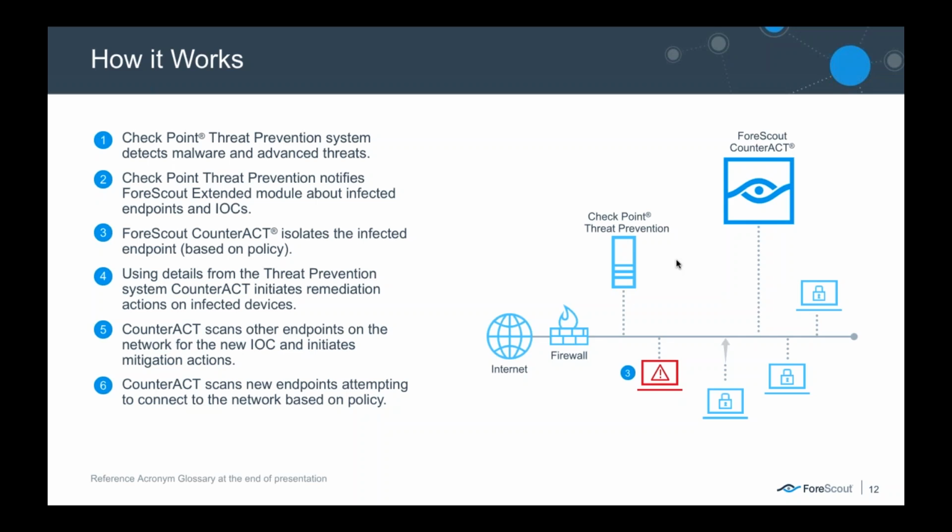Generally speaking, we would have two steps to that process. We would check to see whether the device is indeed vulnerable, and if it is vulnerable, we'd check to see whether the indicator of compromise is present on that device, and if it is, we would apply some control around that.